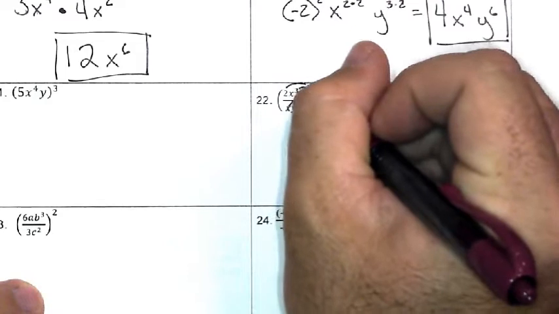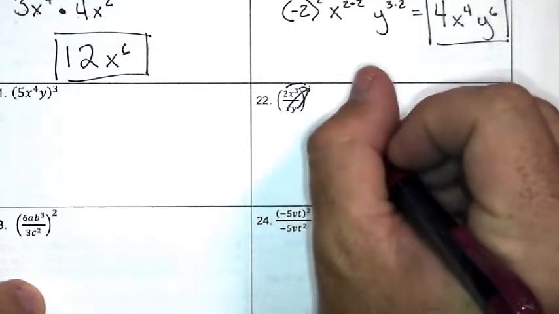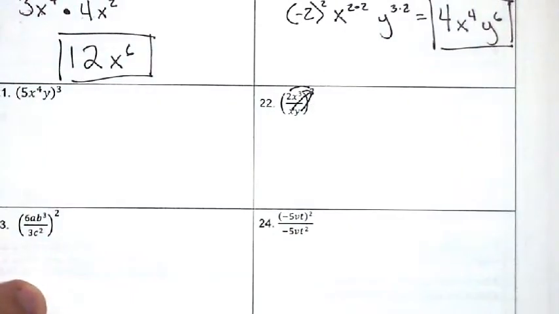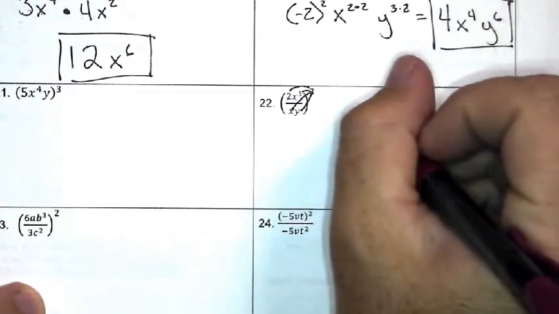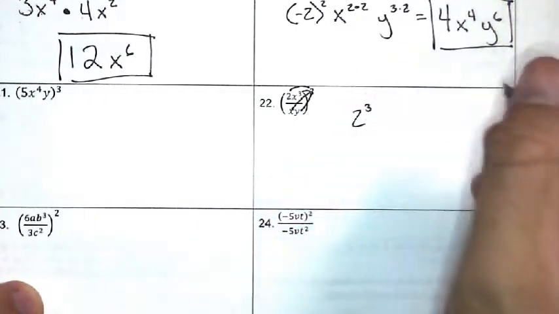To the point where I have everything. So I have 2 to the power of 3, x to the power of 3 times 3, over x to the power of 3, y to the power of 3.